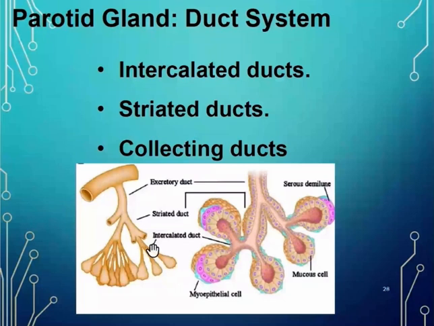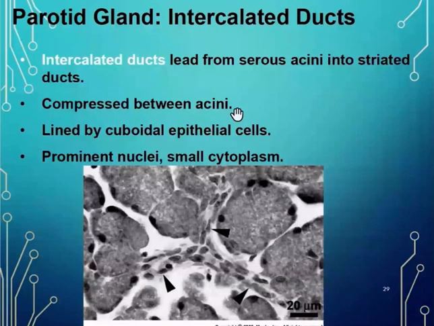It's called the intercalated duct because it is usually squeezed or compressed between the acini. It's lined by cuboidal cells, which are the least differentiated. The nuclei in the duct cells appear prominent because they have scanty cytoplasm.